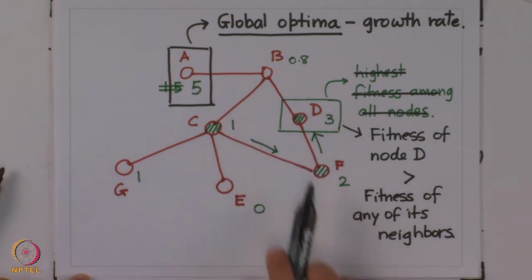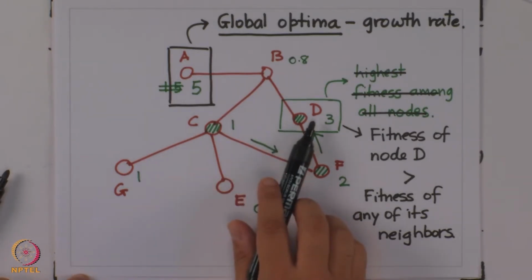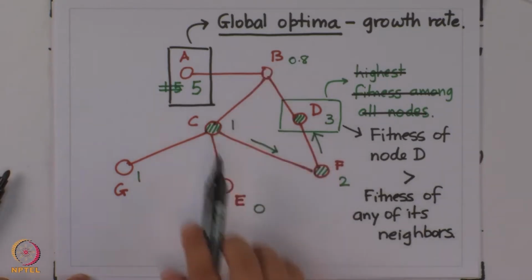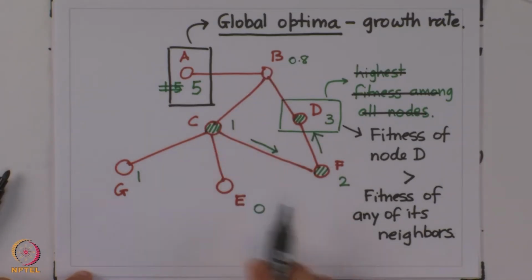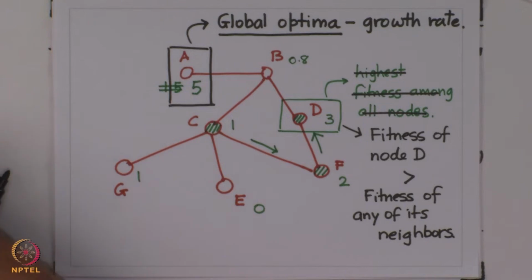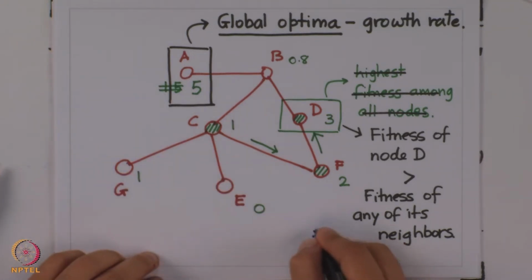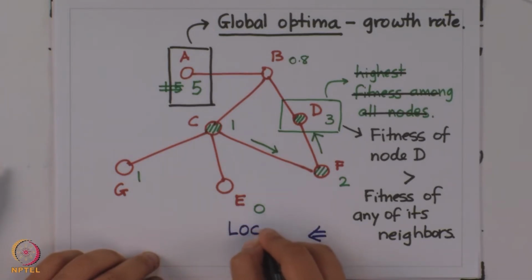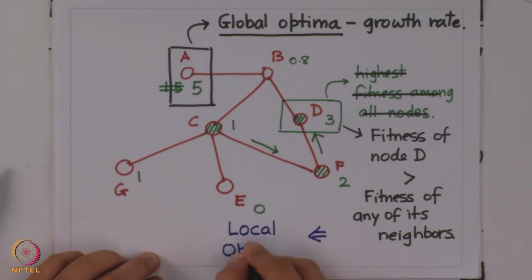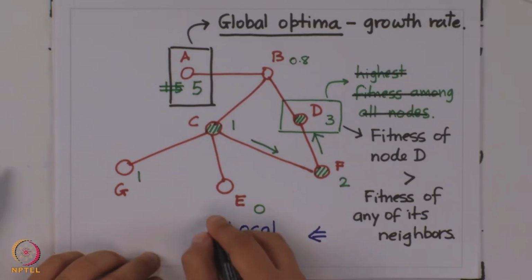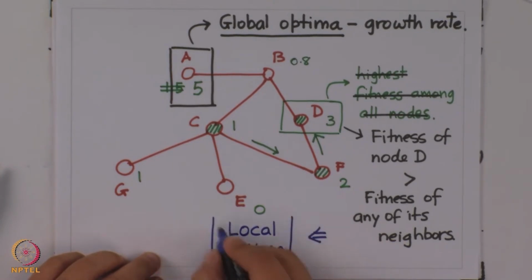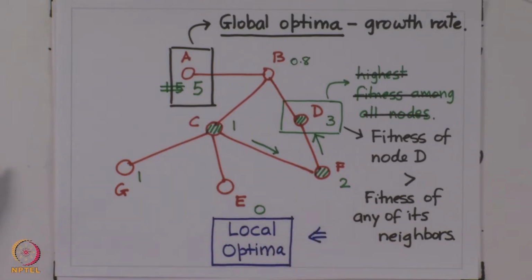So, D has two neighbors here, B and F, and the fitness corresponding to node D is more than that of node B or node F. Hence, this holds for node D, and whenever that holds, we said that that particular node is a local optima. And local optima will have consequences in terms of how populations move on fitness landscapes, something that we will come to a little bit later on.